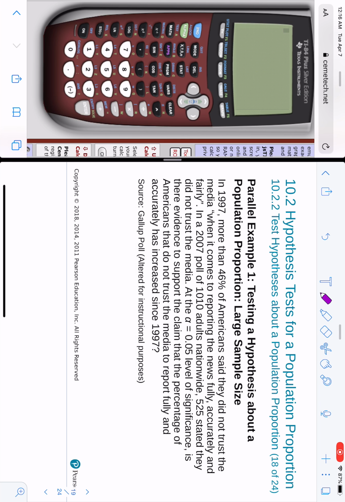So here is the first case. It is the same problem, but I'm going to change the wording. Instead of increased, I'm going to simply say changed. Now, what does change mean? Change simply means it could have gone up from 46% or it could have gone down from 46%.